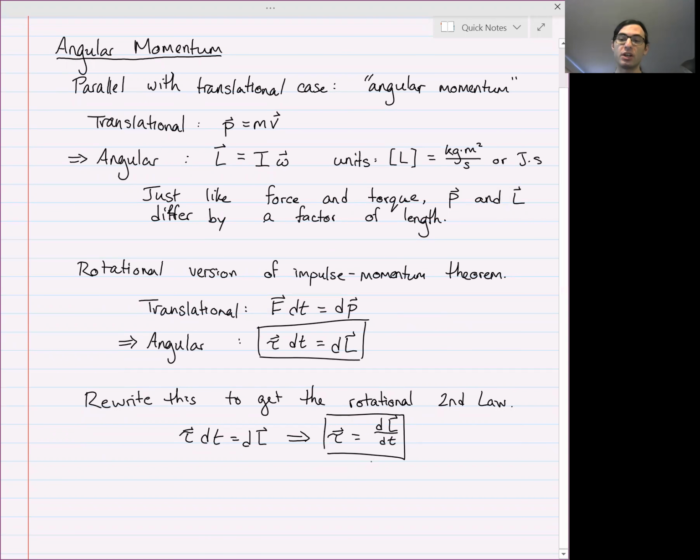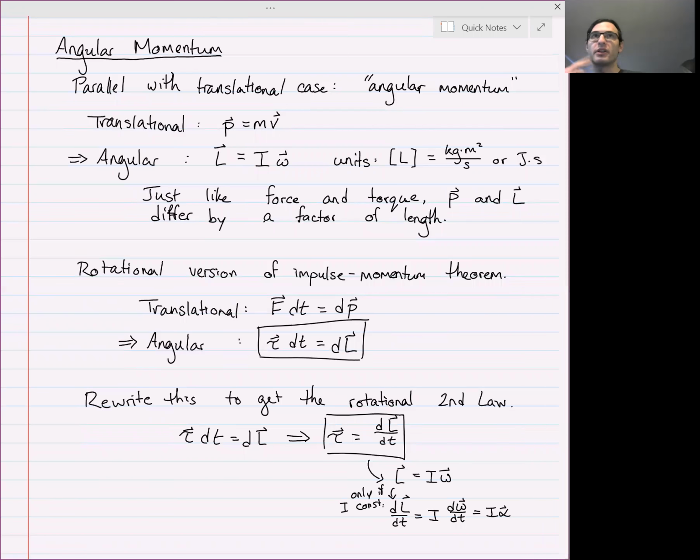For example, you could write L equals I omega, and so long as I doesn't change, then dL/dt is I d omega/dt, which is just I alpha. Now, this is only if I is constant.